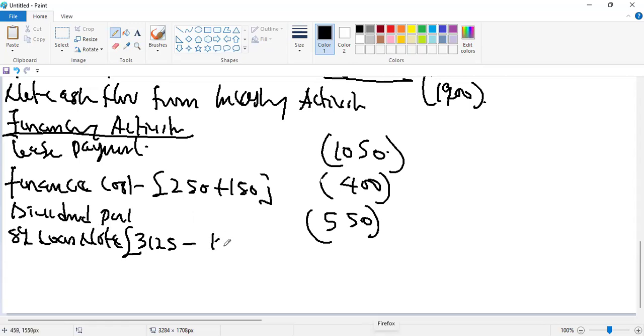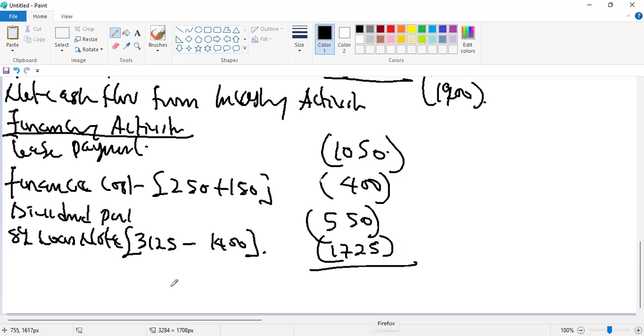Decrease in liability. Cash outflow, 1,725. Is it inflow or outflow? It's an outflow. Okay. 1,725. No share capital out of the six we are given for, no share premium.